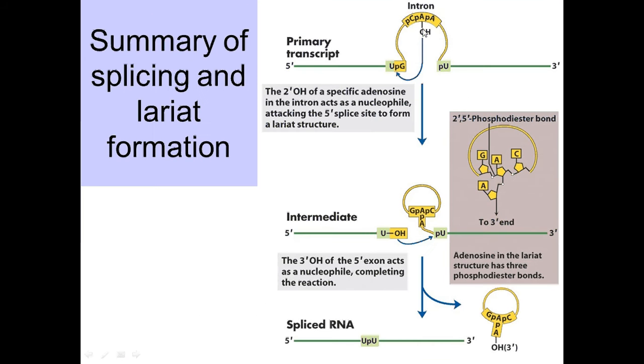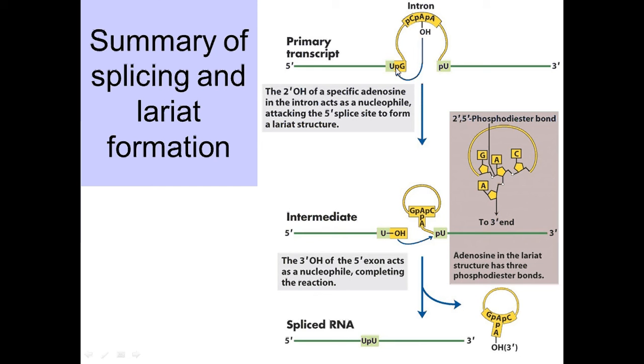That's why this adenine can attack this U over here. The adenine's 2' OH is going to do a nucleophilic attack over here, and then the intron is going to get cut, and this G goes over here, making a lariat like this.